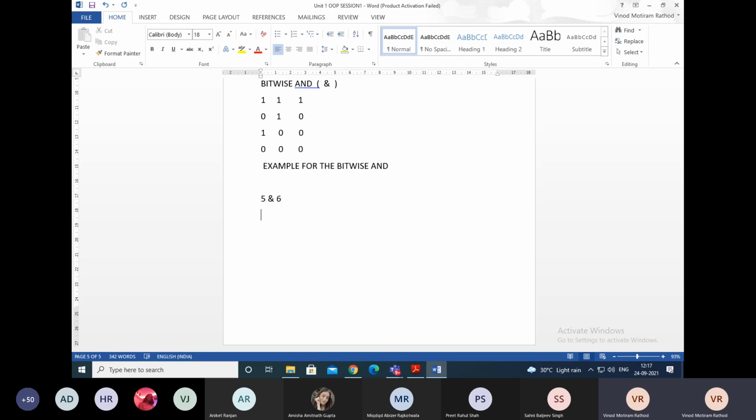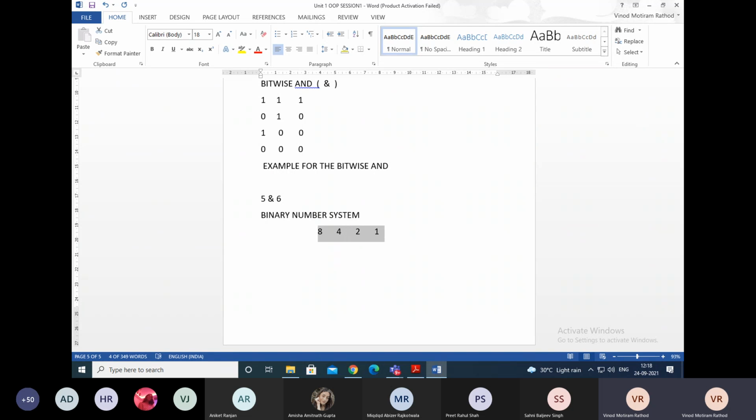I hope that everyone is aware of the binary number system. Yes or no? We can represent the binary system like this: starting from the rightmost, the value is 1, then 2, then 4, then 8.